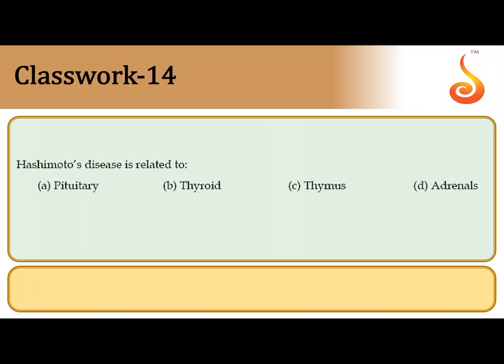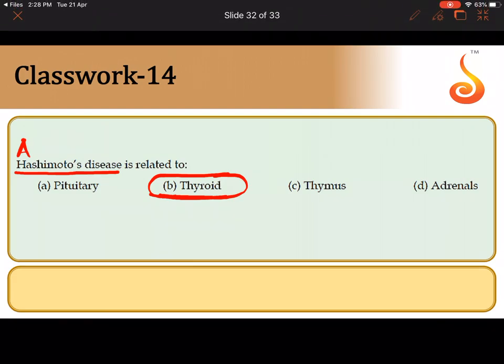Hashimoto's thyroiditis. Now, as the name itself tells, it is a disease associated with the thyroid gland. It is a kind of disease that we call an autoimmune disease. Why is it called an autoimmune disease?